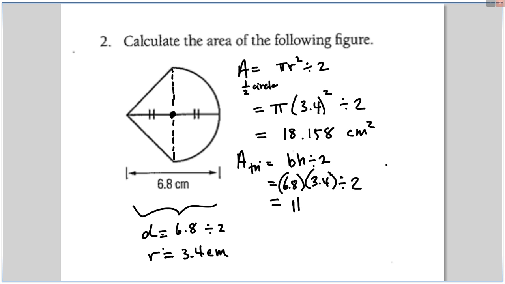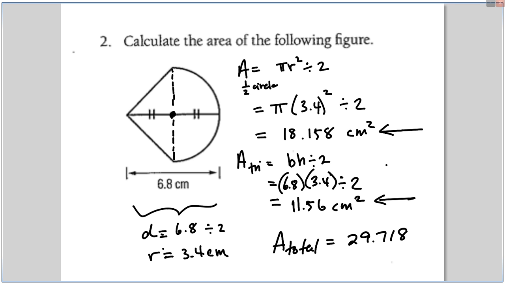Got 11.56. Add up the two areas. Add up those two areas and you have the total area of the weird shape. So area total is the sum. It's going to be 29.718 square centimeters.